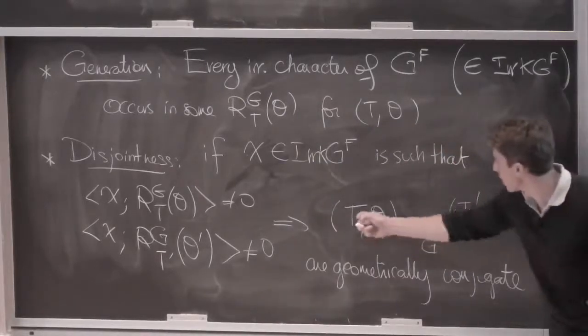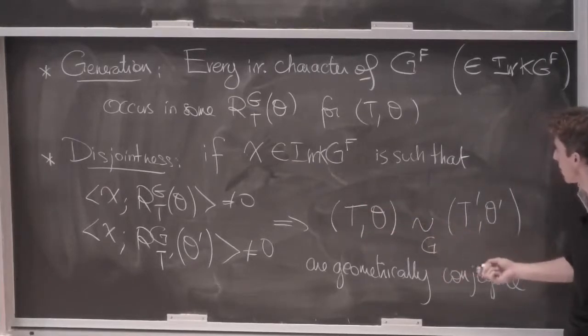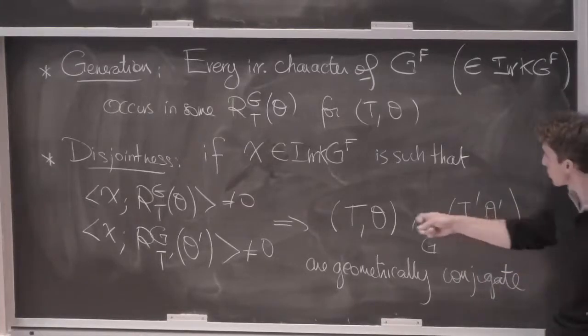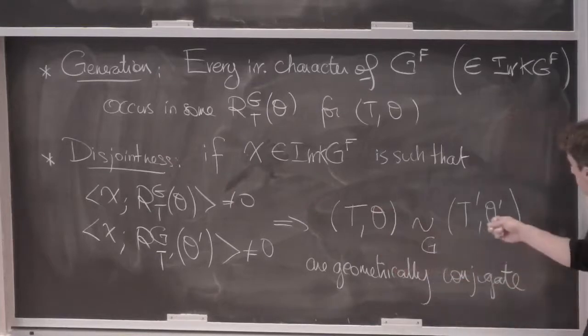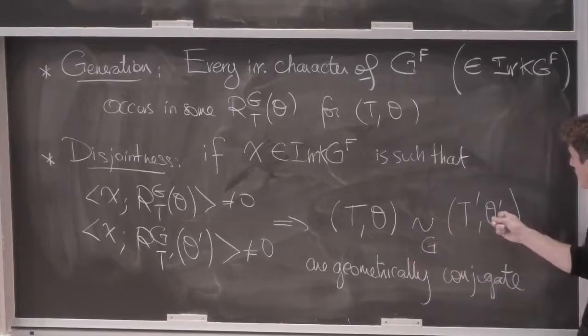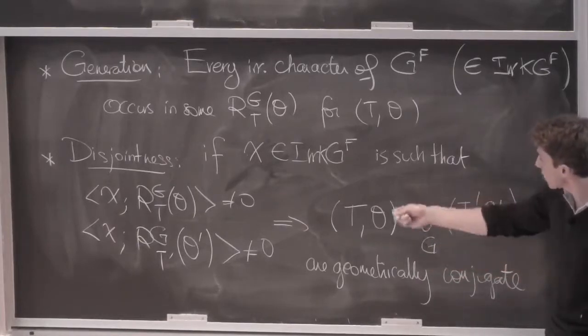For tori, that's the usual notion. You know that there is a single conjugacy class of maximal tori, so T' is always conjugate to T. But since you're working with characters of the corresponding finite group, if you take the conjugation by an element which is not in the finite group, then you don't have a character of the finite group.